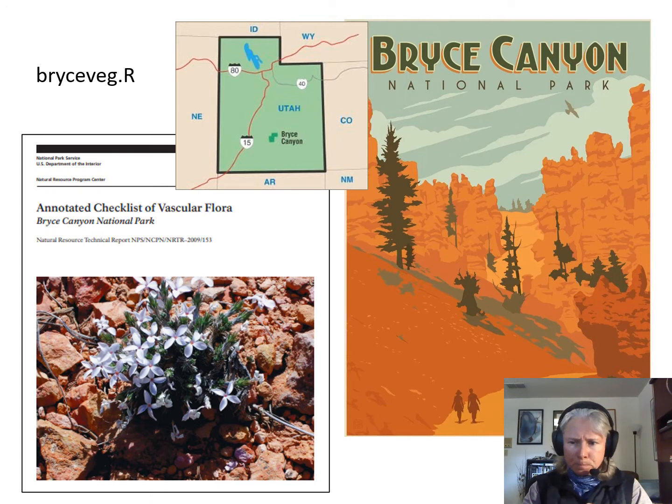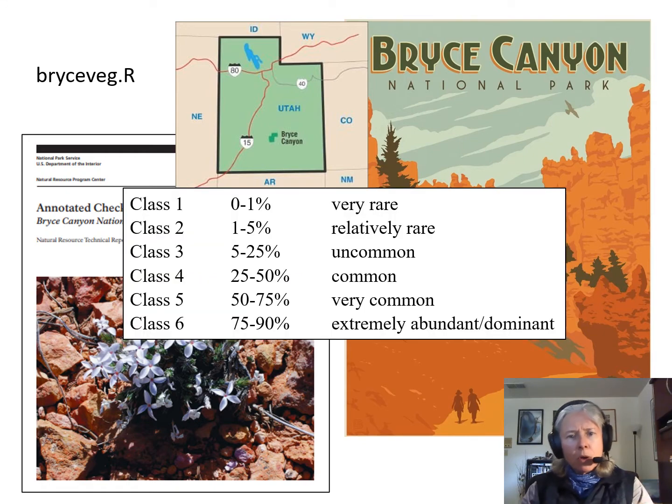So each species in each plot was assigned to one of a series of mutually exclusive cover classes based upon its percentage cover. And you notice that these classes represent ranges, and the ranges are not the same sizes. So from 0 to 1% is not the same as the last class, 75 to 90%.